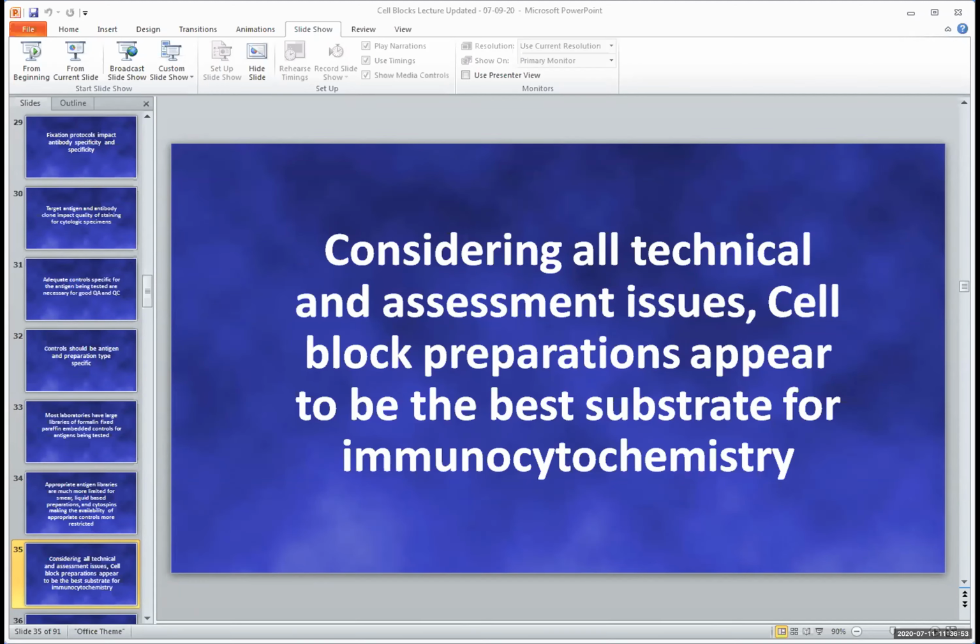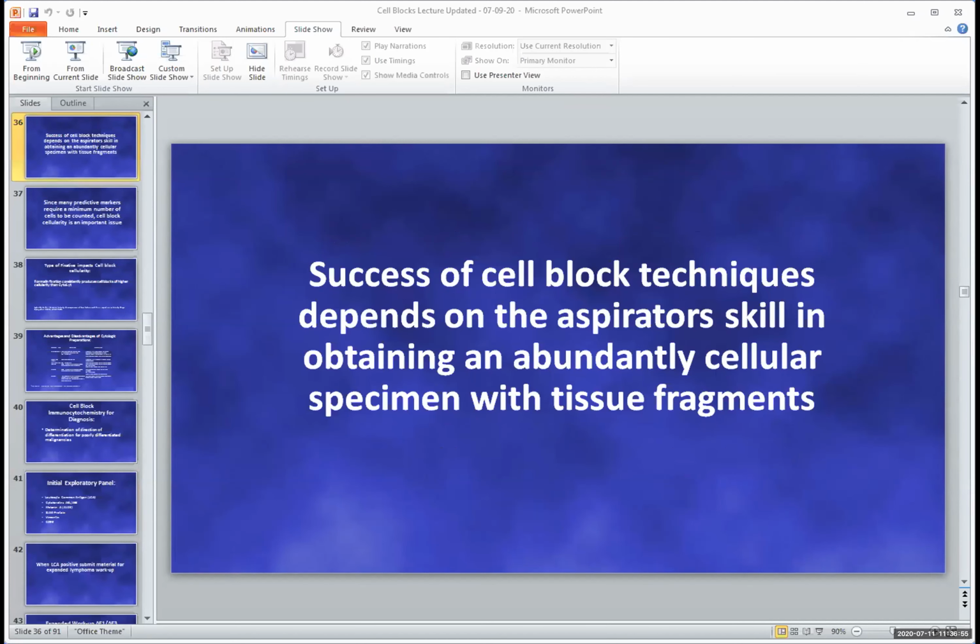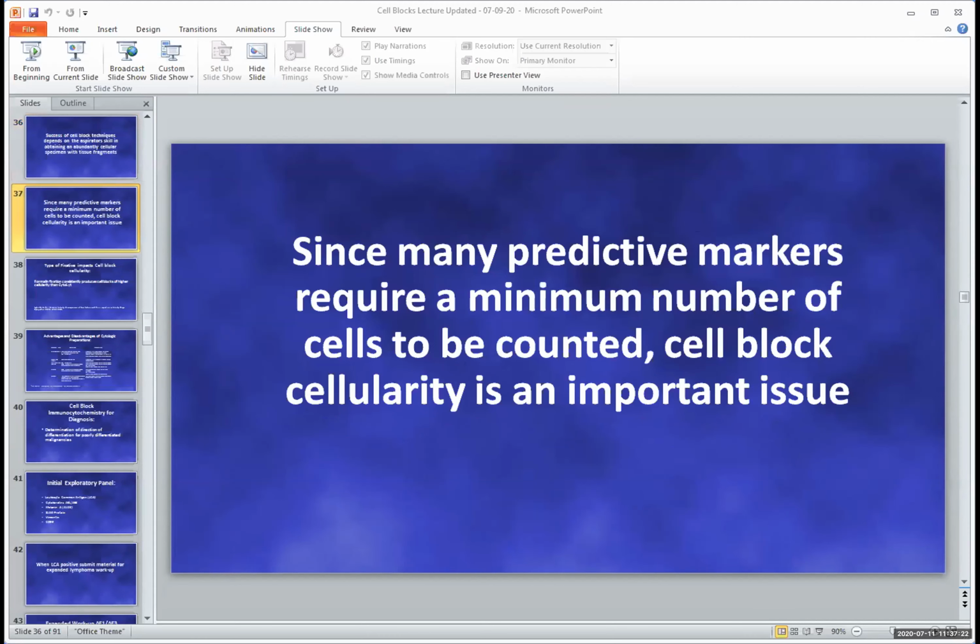substrate for immunocytochemistry. It's important to remember that success of cell block techniques depends on the aspirator's skill in obtaining an abundantly cellular specimen, as well as in many cases obtaining tissue fragments, because that's very helpful, as I think we'll learn in the next talk, that tissue fragments with a stromal neoplasm interrelationships can be very, very helpful in assessment.